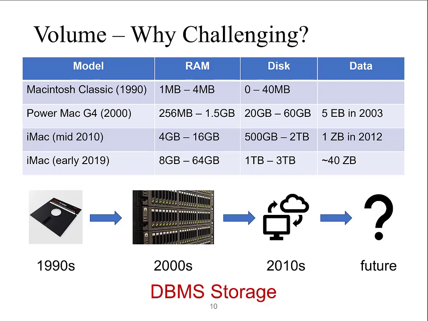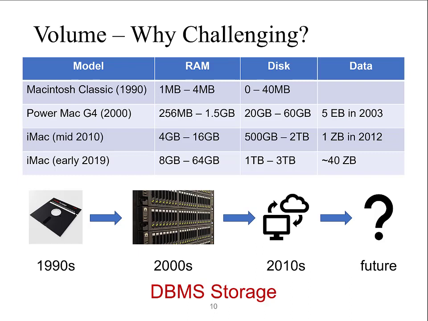In 1990, the RAM is between 1 megabyte and 4 megabytes, while for the disk, you can choose not to have a hard disk, or you can choose at most a 40 megabyte hard disk.